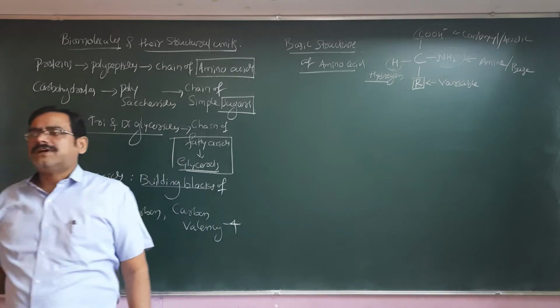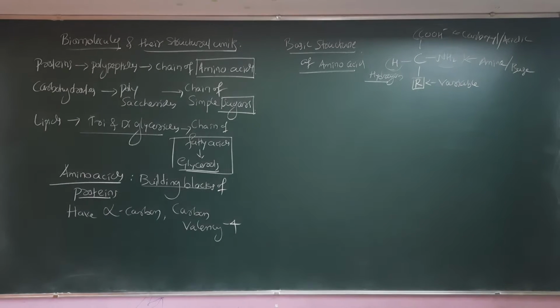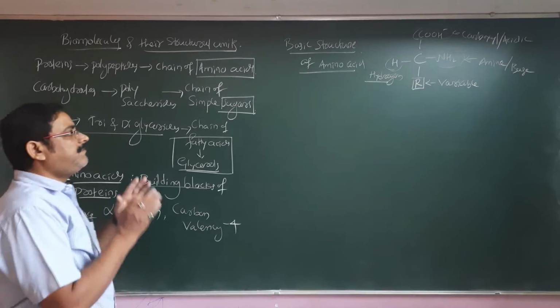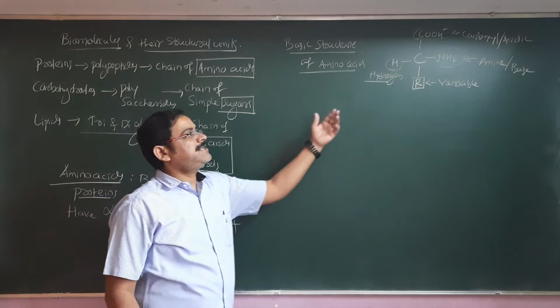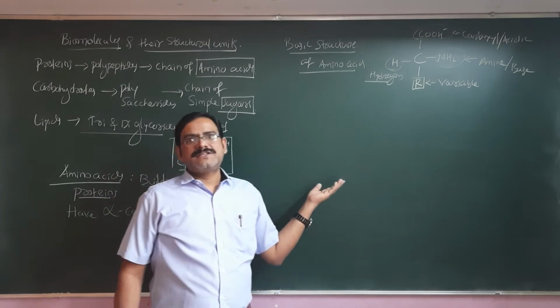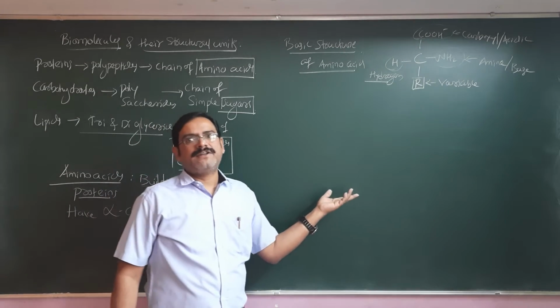So mainly all the amino acids are the same. All the amino acids are very similar in their structure. If the R, the variable position, changes, the structure changes, and it is denoted as a different amino acid.